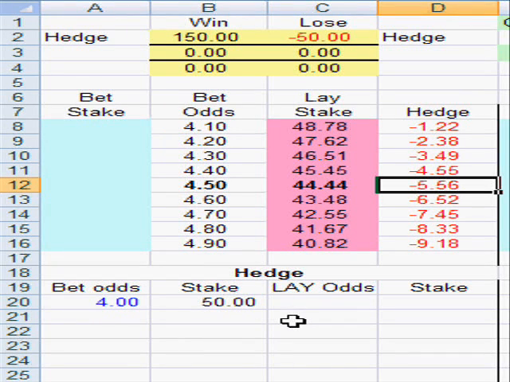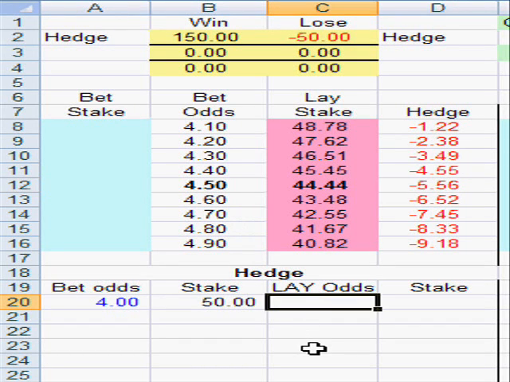Now if we were in a football match or something like that, and we could expect these odds to come down again as time passed in the game, or maybe another goal went in, we could hang on and wait to trade at lower odds. But in the meantime we might decide to lay a bit of this off.